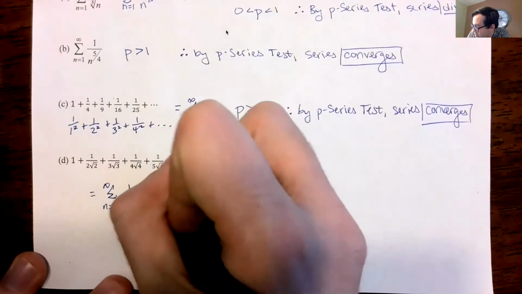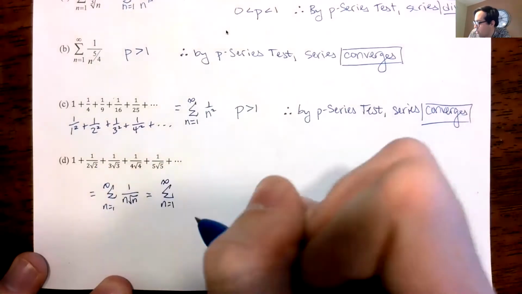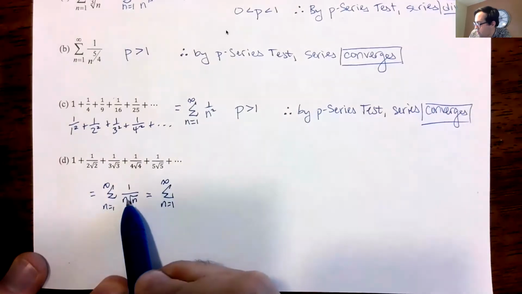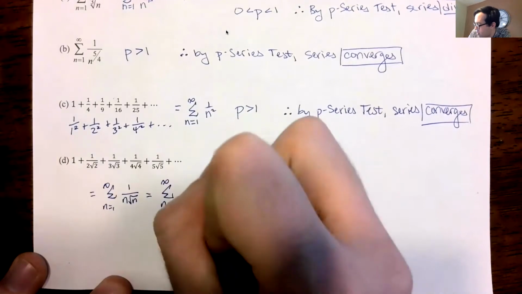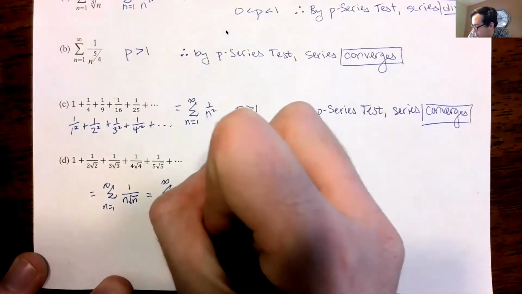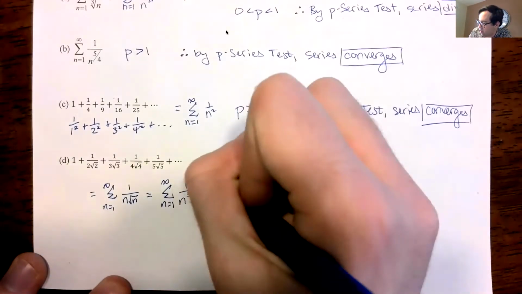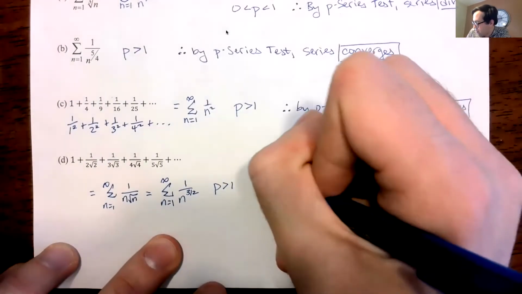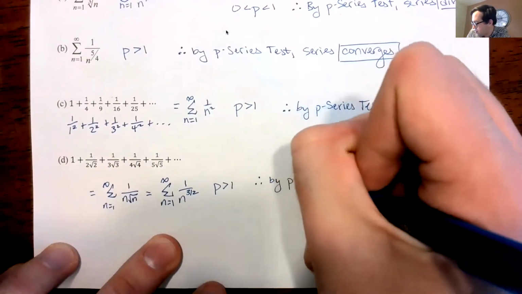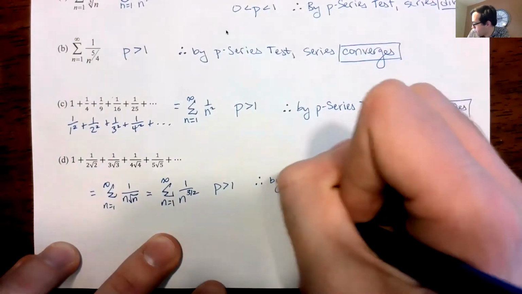It is a P series in disguise, so we have to rewrite it once. n to the first times n to the 1/2 would be 1 plus 1/2 as the new exponent, which is n to the 3/2, which now looks exactly like a P series, and P is greater than 1. So we would write, therefore, by the P series test, the series converges.